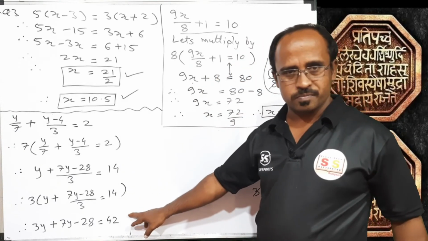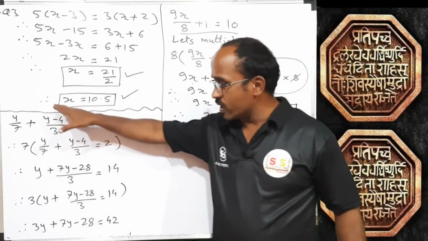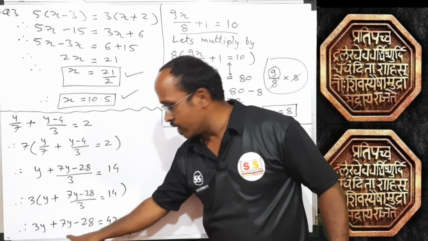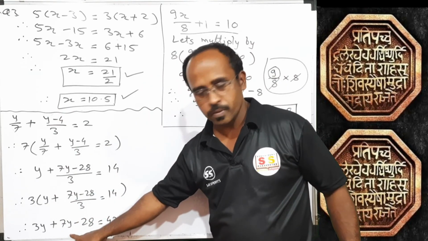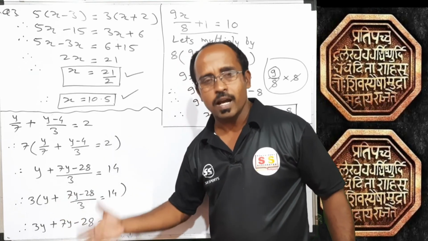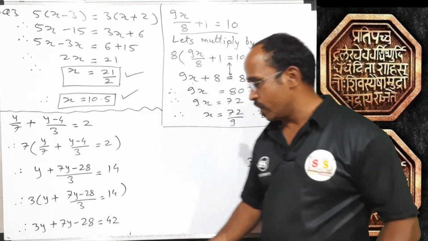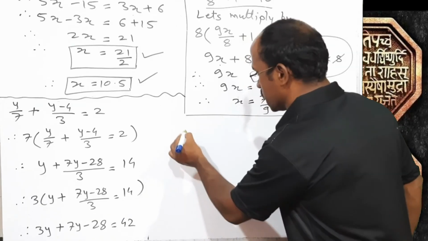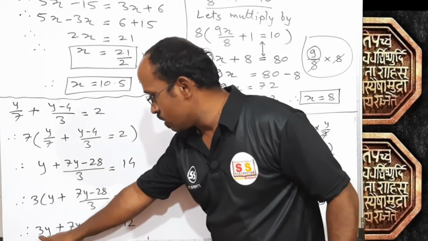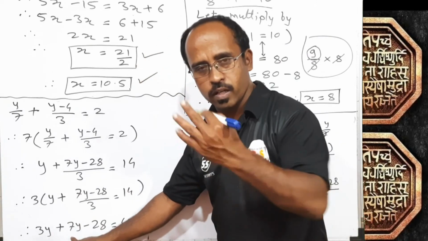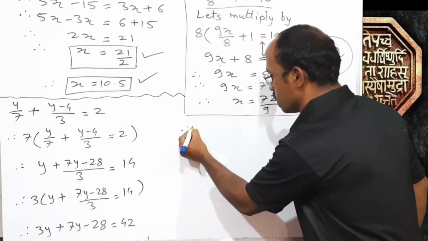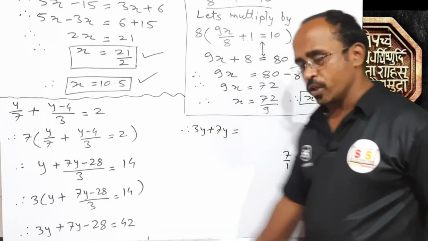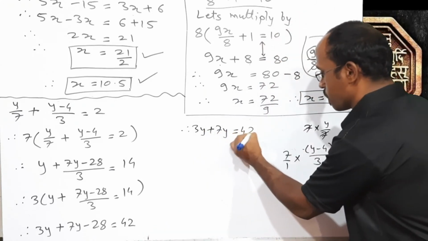So students, now we have converted the equation into a type such that there are only variables with coefficients without denominator and bracket. So again we have to just keep the variables alone on one side. Therefore 3y plus 7y will remain on the left hand side, which is equal to 42 on the right hand side.